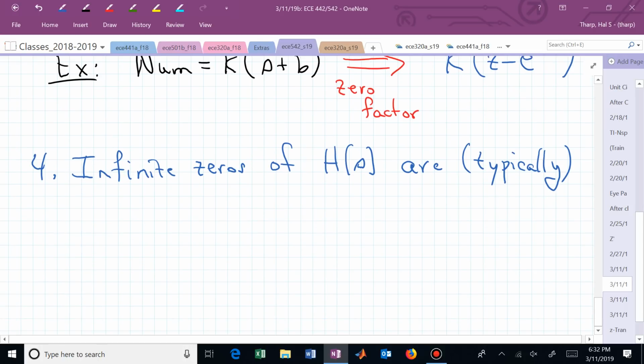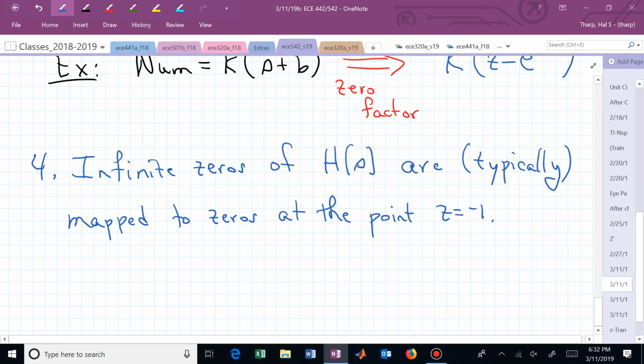Typically we've been mapping infinite zeros of H(s) to zeros at the point z equal to minus 1, to give us this factor z plus 1.